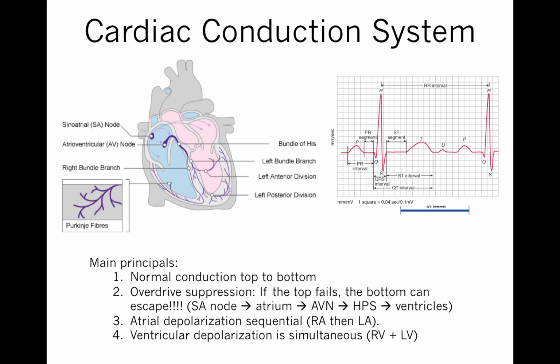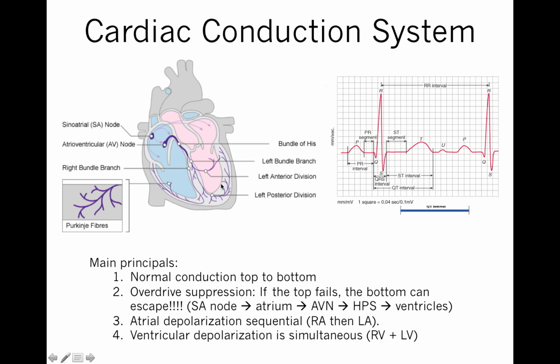There are some main principles to the conduction system, and I'll try to explain it in this important slide. So first, the sinus node will depolarize, resulting in depolarization of the right atrium followed by the left atrium. And atrial depolarization is seen as the P wave on the ECG. Then there is a delay in the AV node like we discussed, and that results in the PR interval.